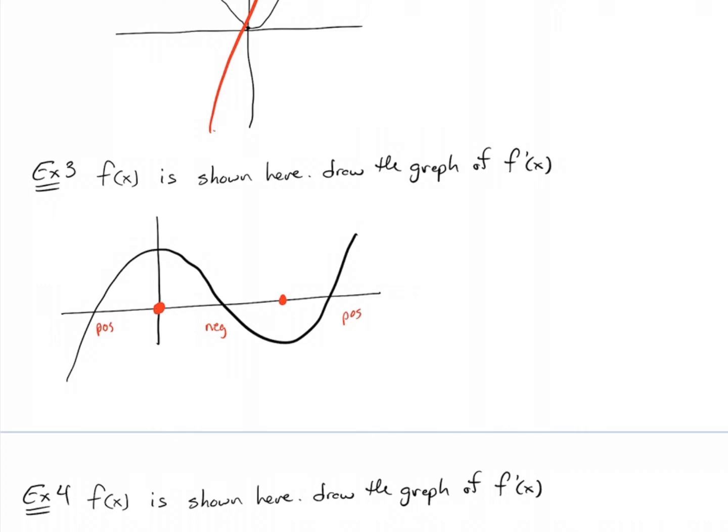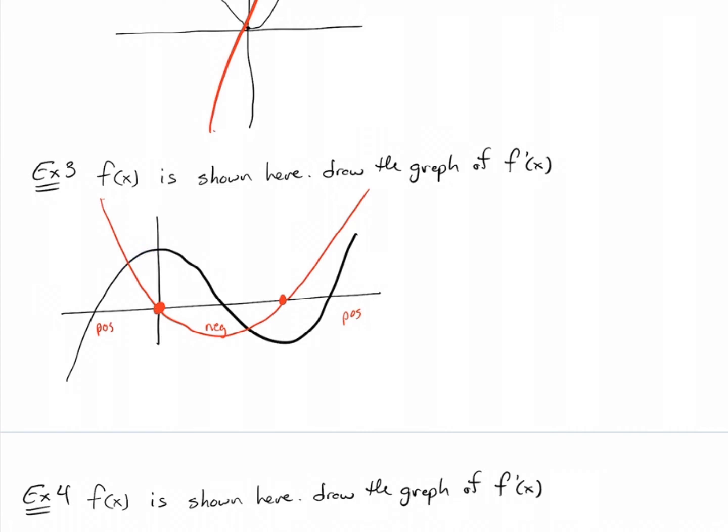Now, there's a question of how do you draw it? Well, I'm just going to draw it in and then I'm going to explain it. It's going to look roughly like that. Notice what happens here with the slope. On the original graph, the slope here is positive. But notice as we get close to this hilltop, the slope stays positive until we get right to the top, but it gets less and less steep.